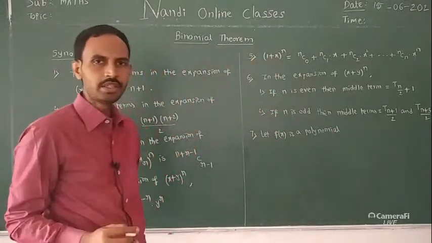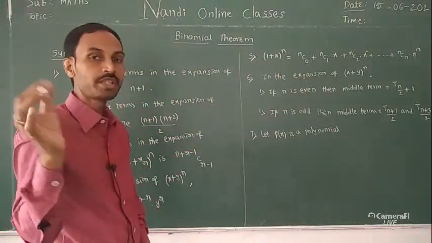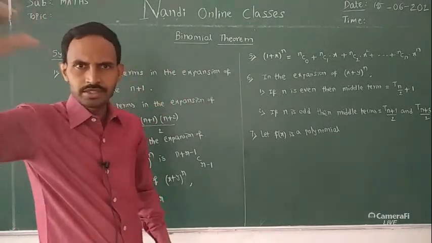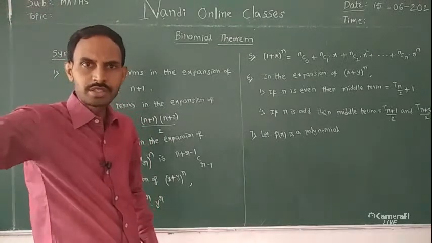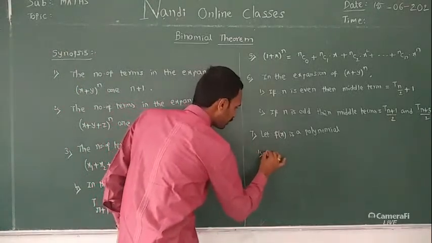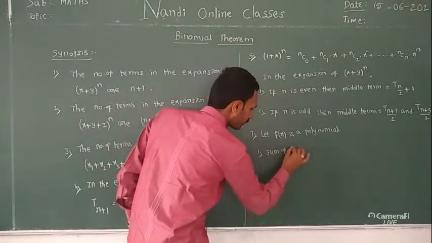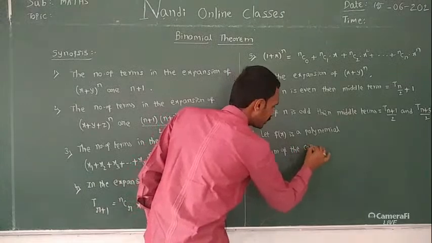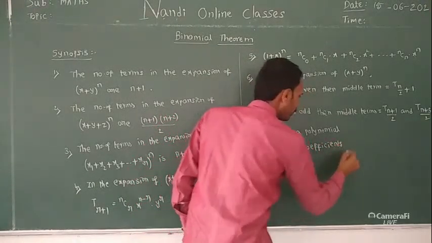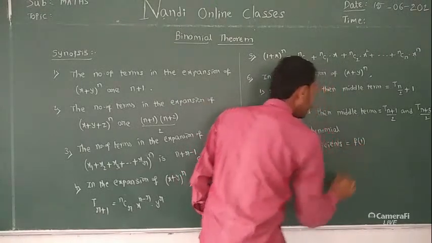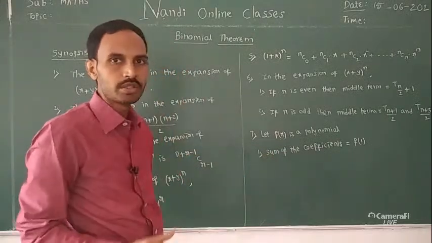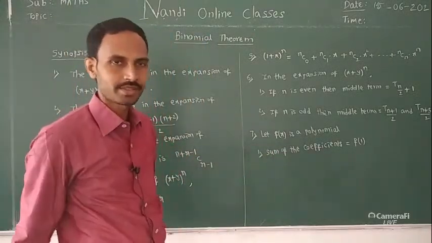If you expand it, coefficients like nC0, nC1, nC2 come. Sum of coefficients formula. Number 1, the sum of the coefficients is equal to f(1). So in the given polynomial, put x equal to 1. You will get the sum of the coefficients.